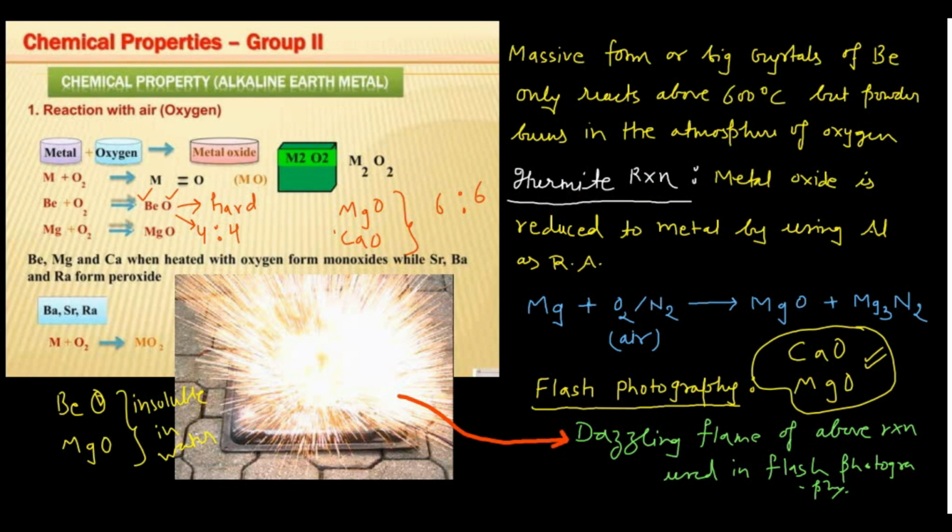This magnesium oxide is also used in the thermite reaction. This is something very important. Why? Because when magnesium burns, it forms magnesium oxide, and this magnesium oxide can be reduced to magnesium by using aluminium. This is another very important aspect which you all should know. Now moving to the next property.